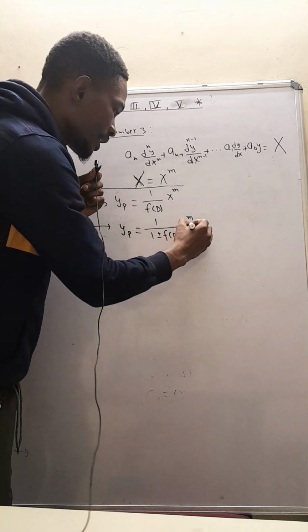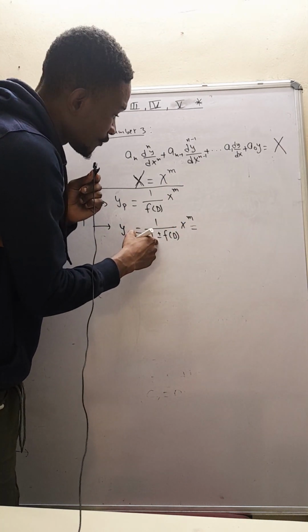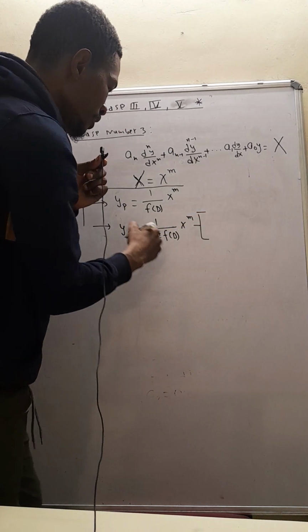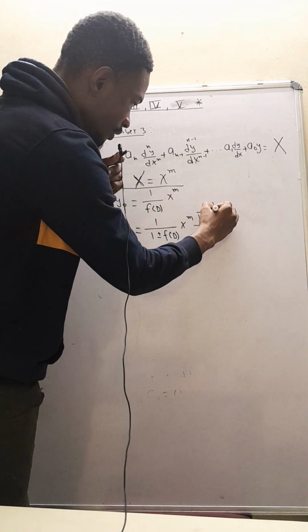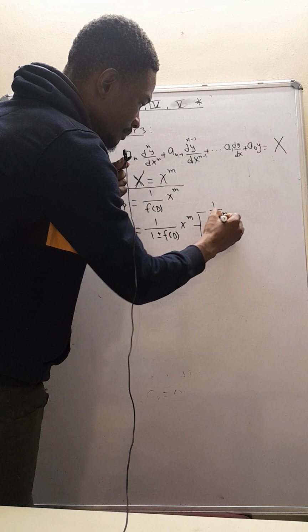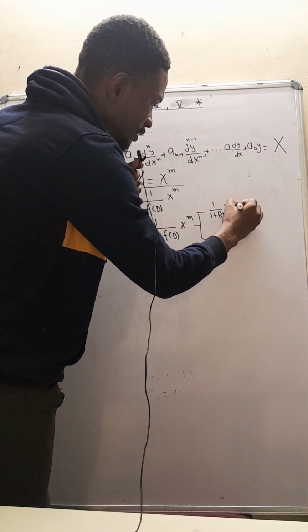So when this sign is positive, I will write here 1 upon 1 plus f of D, times x raised to m.